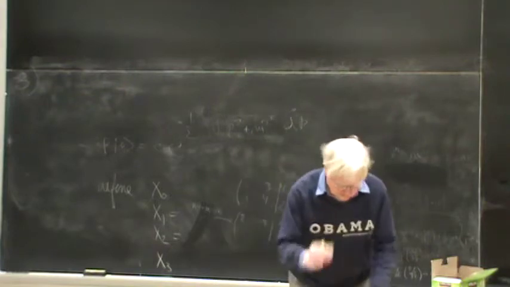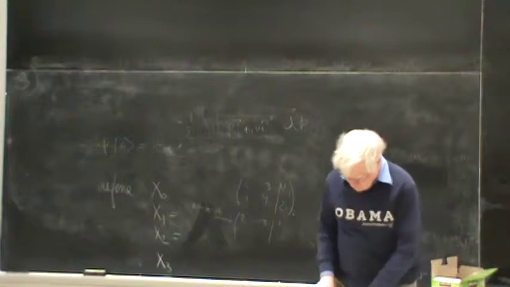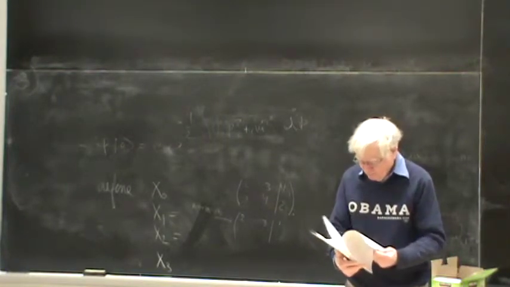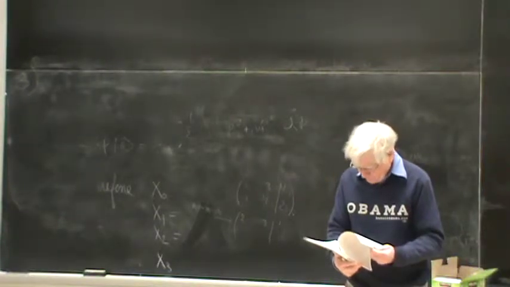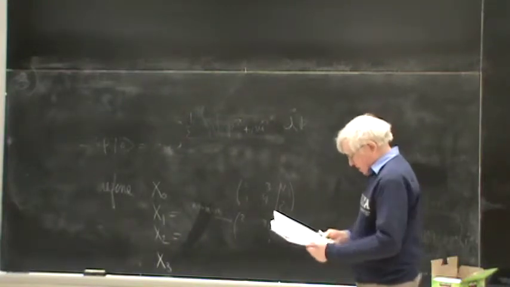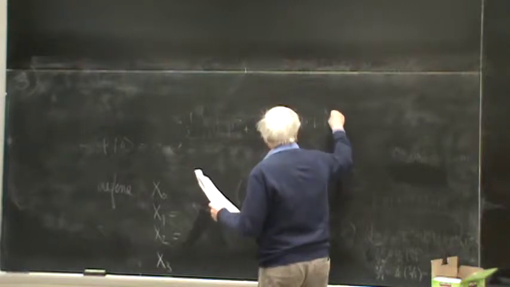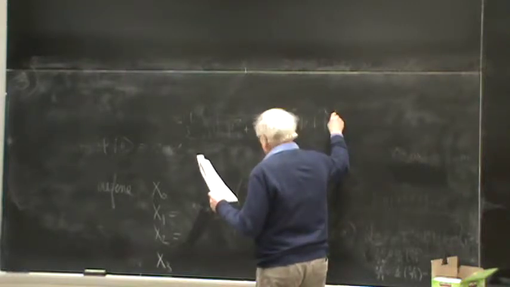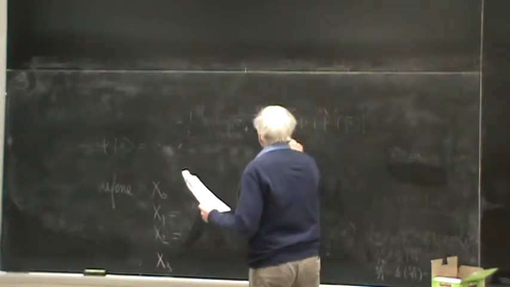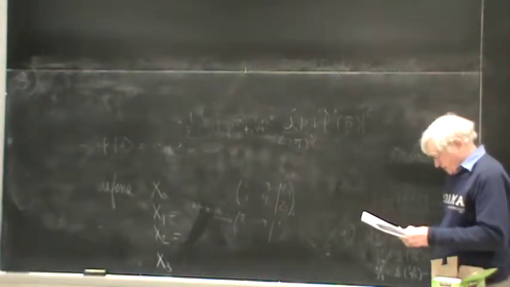And most importantly, phi tilde prime of p squared, and of course a 2 pi cube.